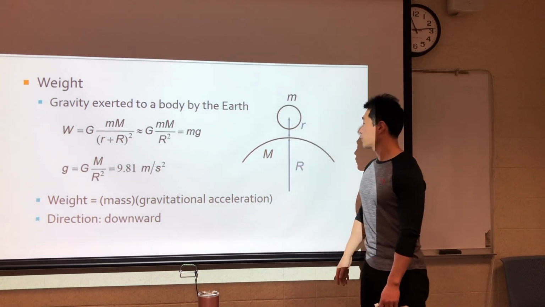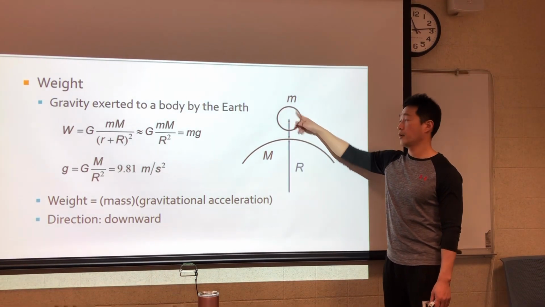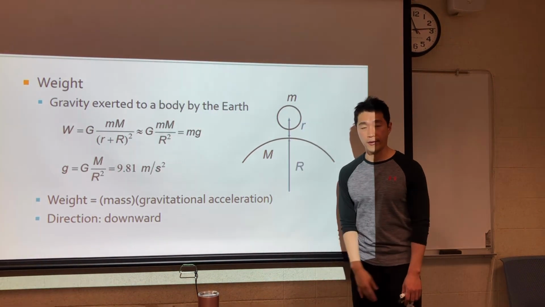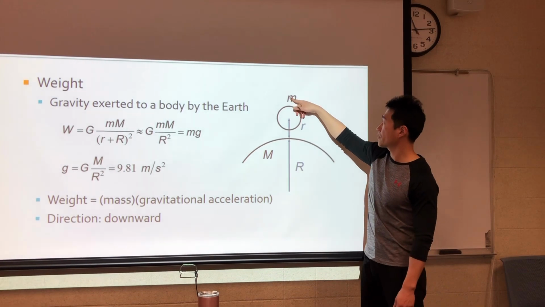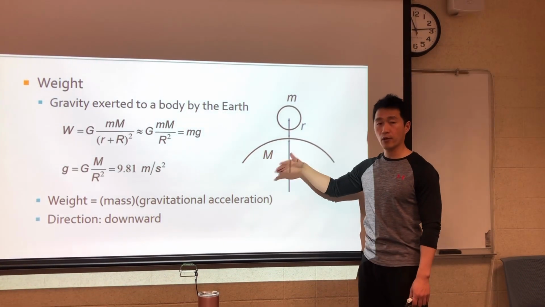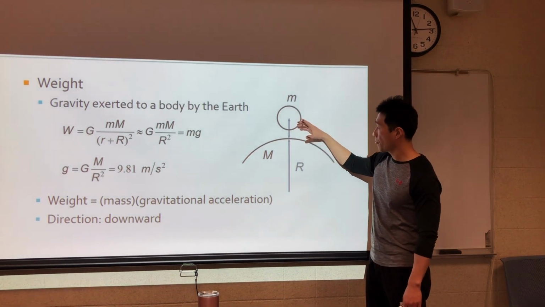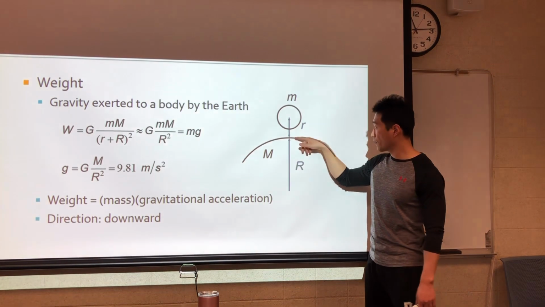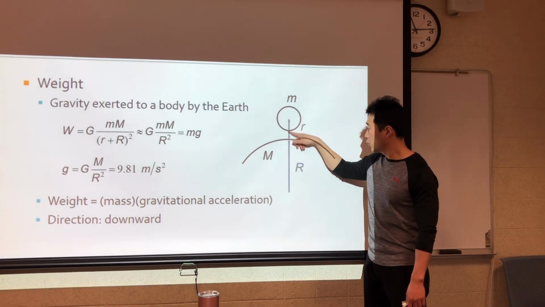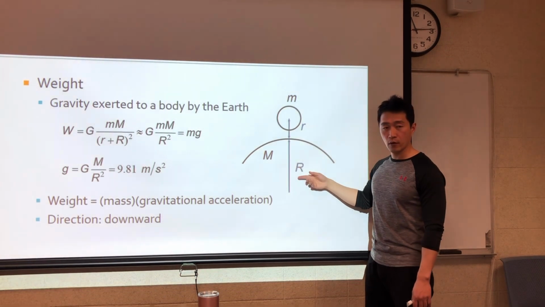For example, here, assume that this is a human body, your body, and then the earth here. Small lowercase m is your body mass, and capital M is the mass of the earth. Lowercase r is the separation distance from the ground to your center of mass, and capital R is the radius of the earth.